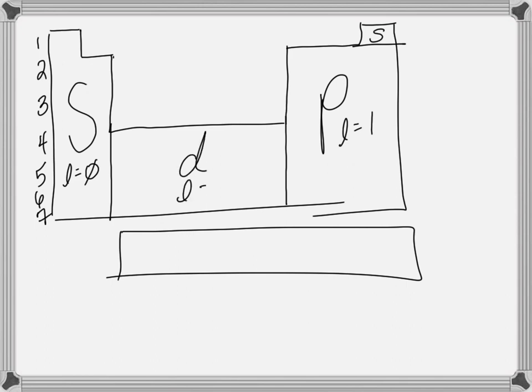That corresponds to L equals 2. And then those elements at the bottom, those rather rare elements that we hardly ever use, those are your F orbitals, and that corresponds to L equals 3. And so sometimes in reading in your textbook or reading on Alex, it'll say things like the D block elements. Do y'all see now what that's talking about? It might say the F block elements, etc.